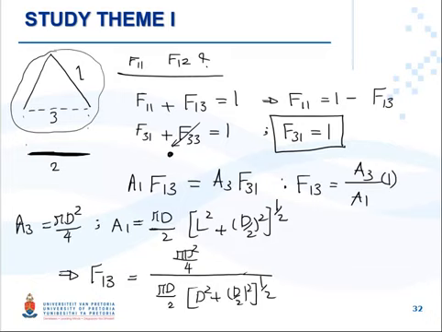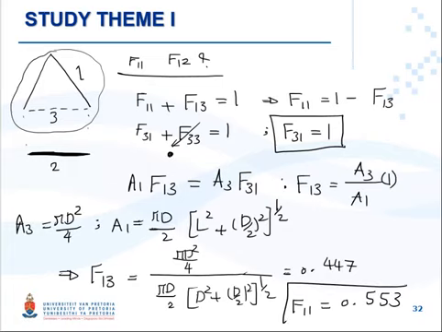I have calculated that and it's 0.447. So F13 is 0.447, then F11 will be 0.553. So the first part of the question is sorted, we found F11.